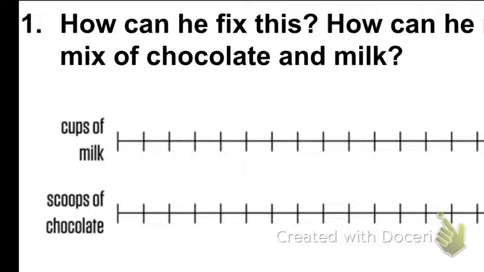Or they put a gallon. She said she wants a gallon of chocolate. That's 64 scoops of chocolate for a gallon.